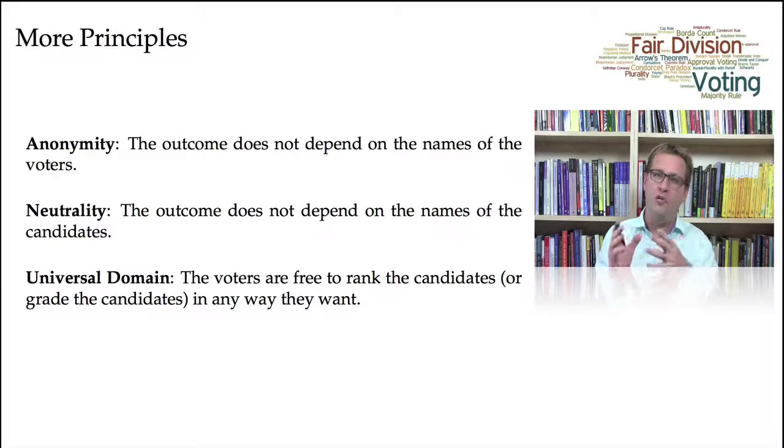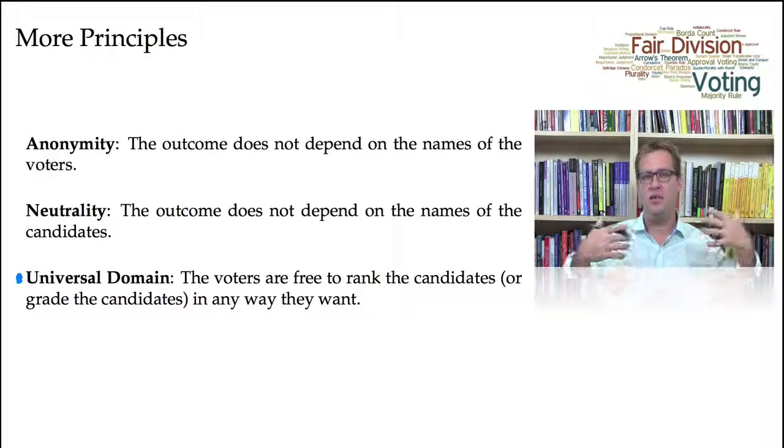So no alternative or candidate, for example, the status quo, should be given special privilege. And finally, there's the principle of universal domain. This is the idea that we should not restrict the voters' ability to choose any particular ballot or any particular ranking.